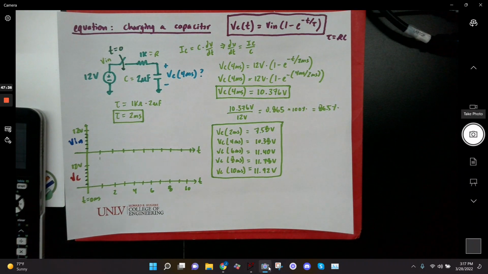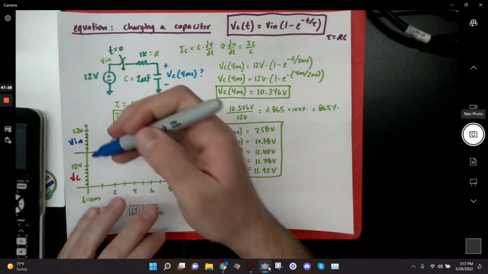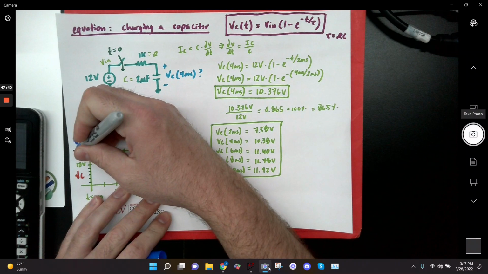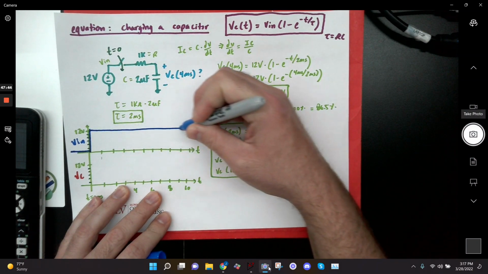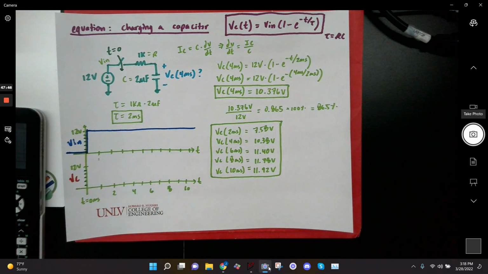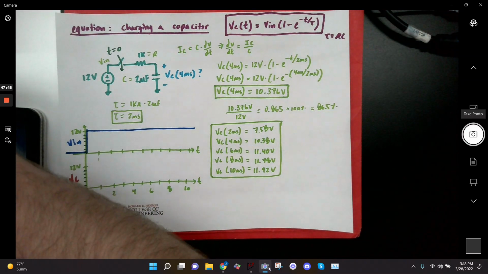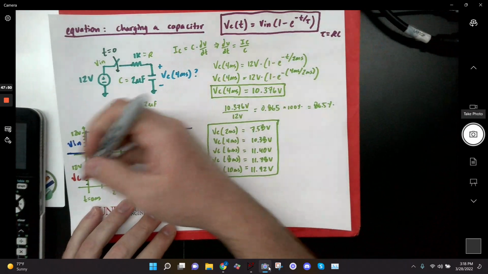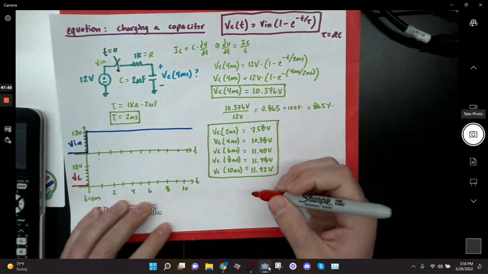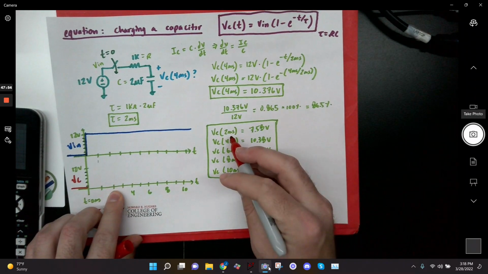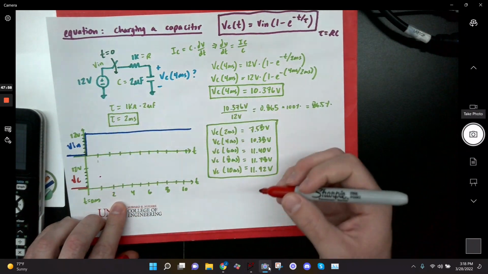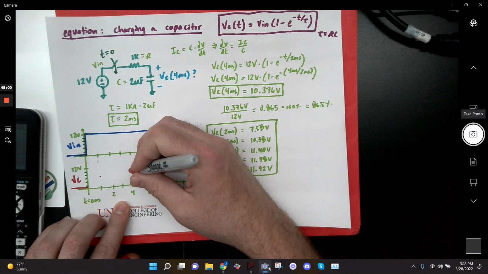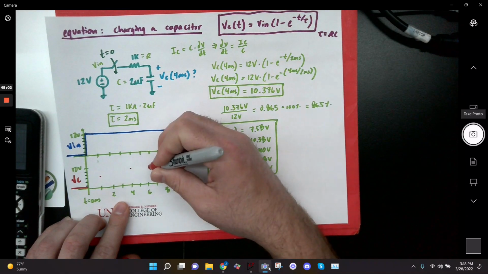All right, so for Vin, I know that at time t equals 0, it's basically jumping up to 12, and then that's just going to stay for the duration. And then for VC, I know it's 0 all the way up to here, and then at my first point, 2 milliseconds, that's going to be 7, so I'll be right there. At 4, it's 10.38, it's like there.